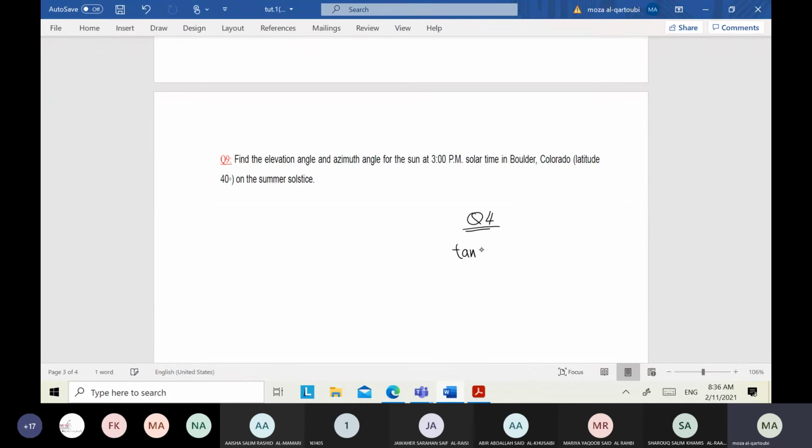Tan of zeta, azimuth means zeta, equal to sine of alpha over sine of lambda cosine of alpha minus cosine of lambda tan of delta. Anyone remember the azimuth angle in this question? Minus 80. Yes, minus 80. We solved and found in question number 4, minus 80, okay?